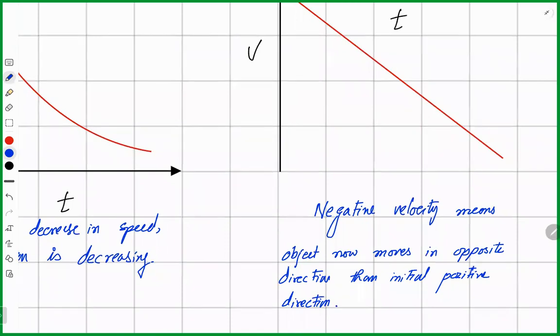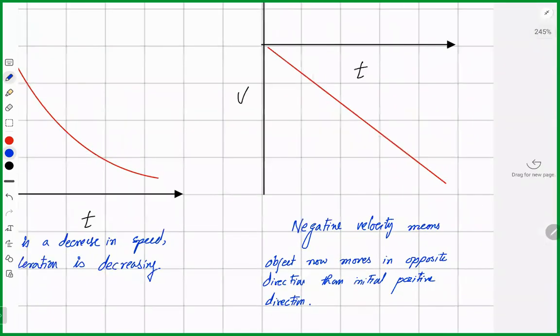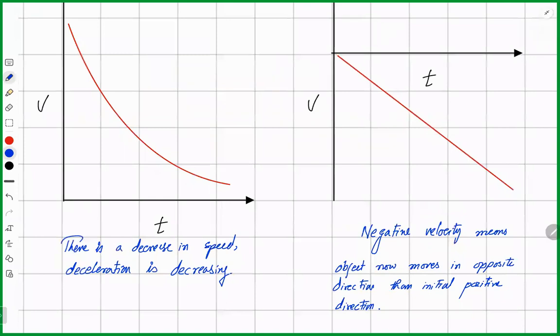Because we are dealing with a vector quantity here, in this case, the negative does not mean less than zero. It means in the opposite direction.